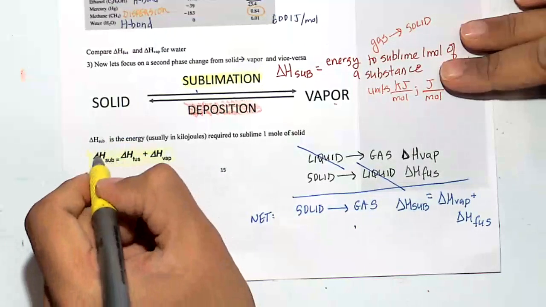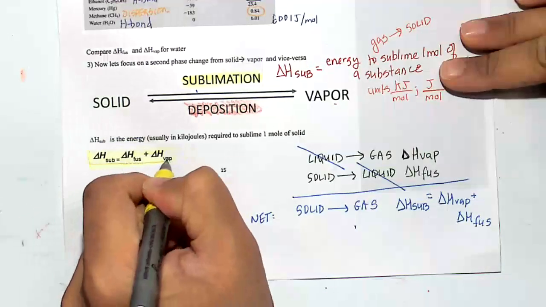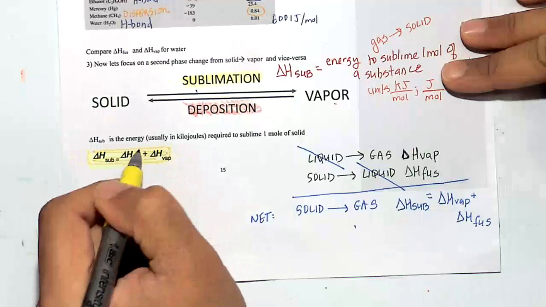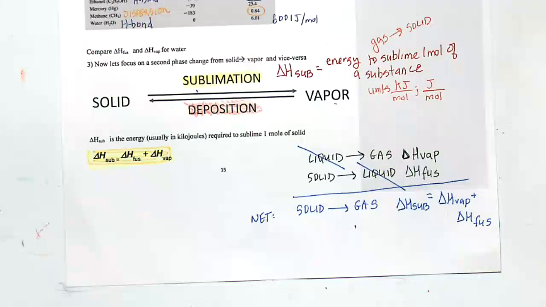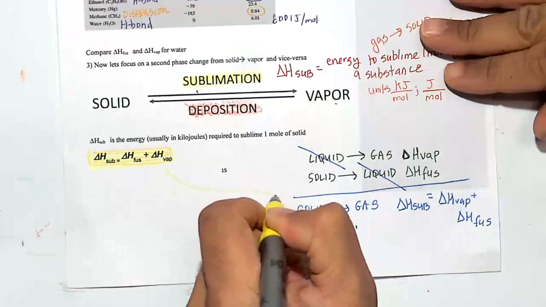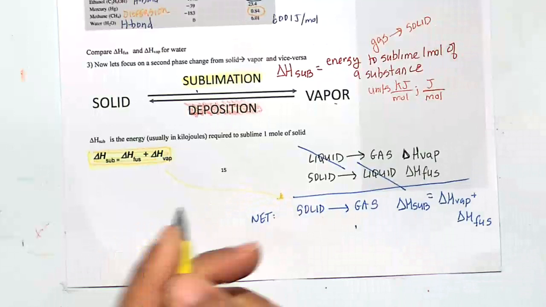So delta H sublimation is the delta H of fusion, which is melting, plus the delta H of vaporization, which is a liquid going to a gas. We just add these two up.